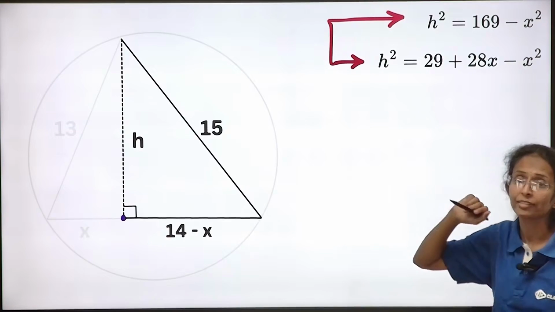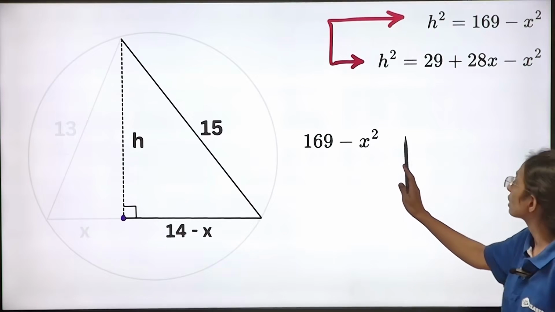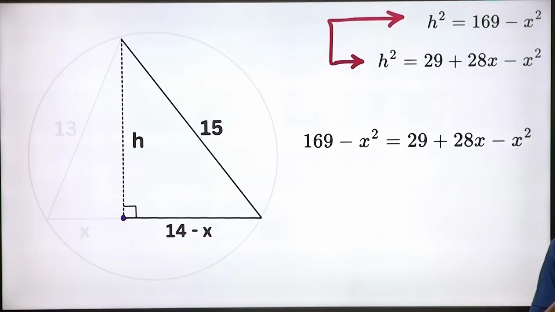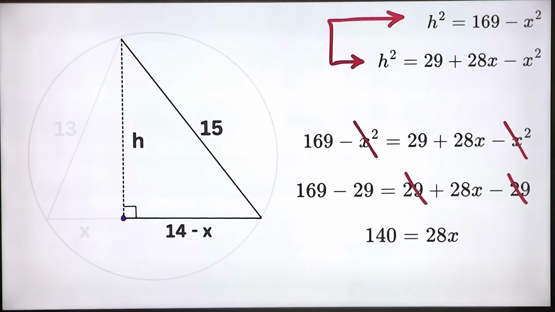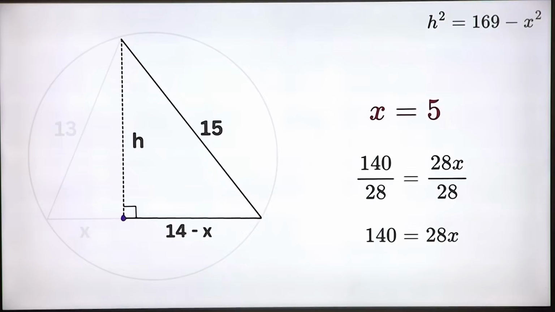So, equating their right hand sides, we have 169 minus x square is equal to 29 plus 28x minus x square. Now, minus x square gets cancelled out and we are left with 169 is equal to 29 plus 28x. So, 28x is equal to 140. That means x comes to be 5.